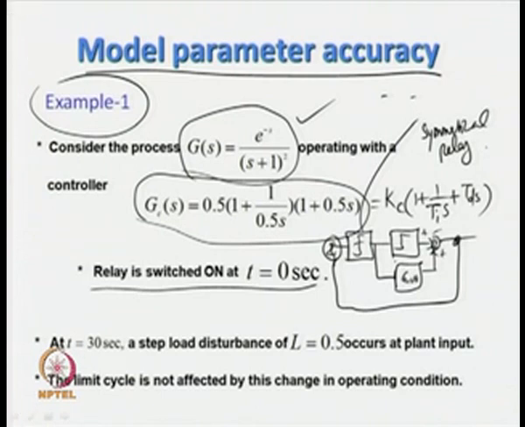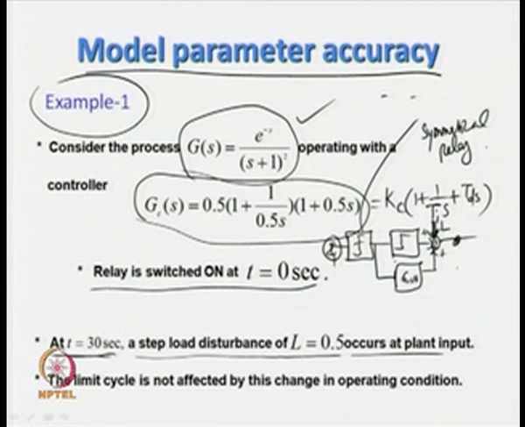Then at time t equal to 30 seconds, a step load disturbance of magnitude 0.5 is injected. Where do we inject that step load disturbance? Here. Sorry, I forgot to put the process here. So, process G(s) is here and you have the negative feedback.